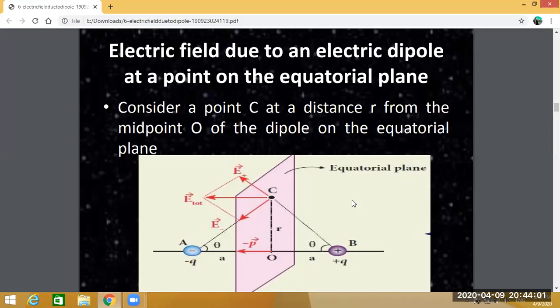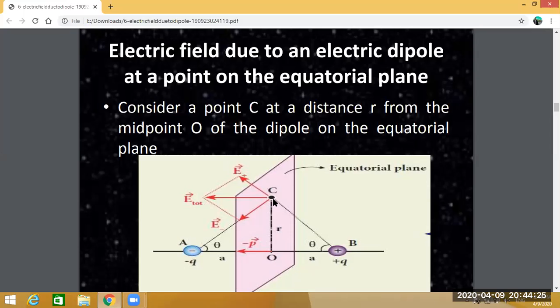Now take an arbitrary point C on this equatorial line where electric field is to be calculated. And the thing you see here, a two-dimensional picture, is called the equatorial plane.